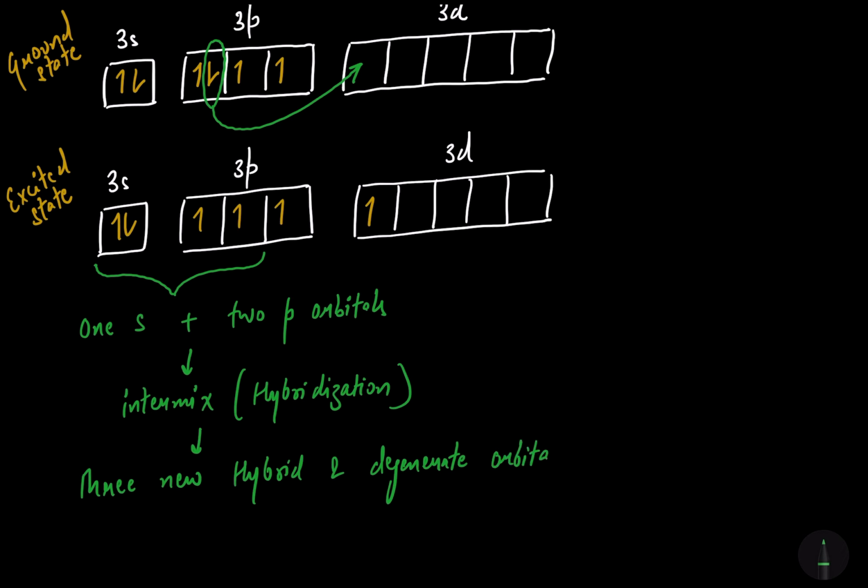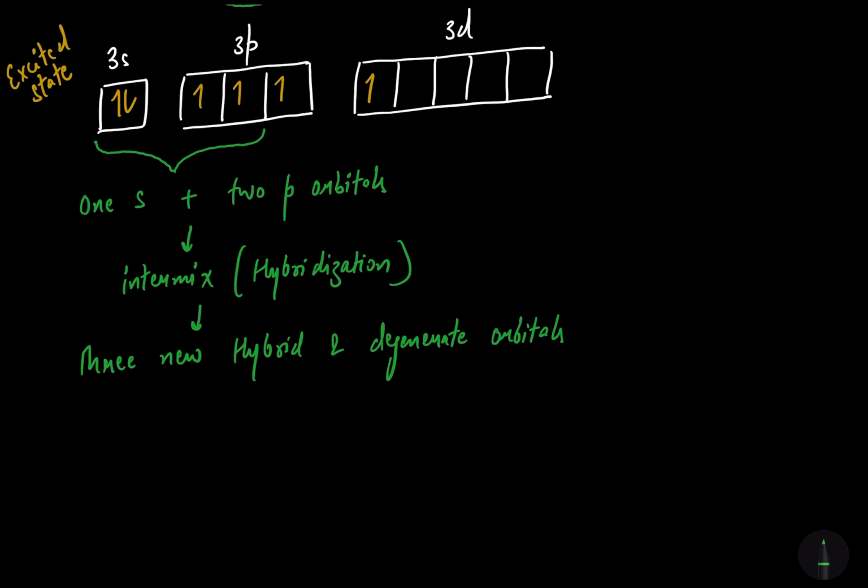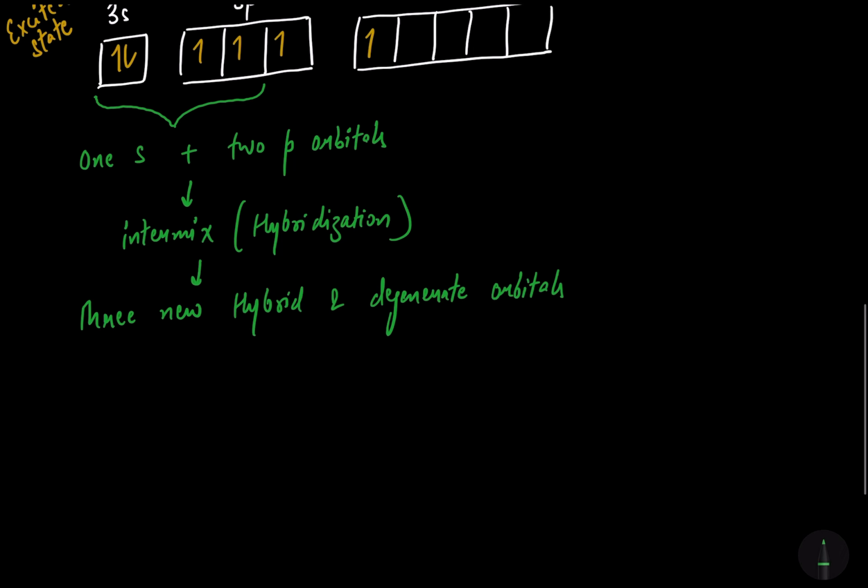So we are going to have 3 new hybrid orbitals, because there's a mixing of 3 atomic orbitals, 1 from s and 2 from p. The 3 new hybrid orbitals will form, and each hybrid orbital will be named sp2, because it's a mixing of 1 s and 2 p. So one hybrid orbital will get 33.33% s character and 66.66% p character.